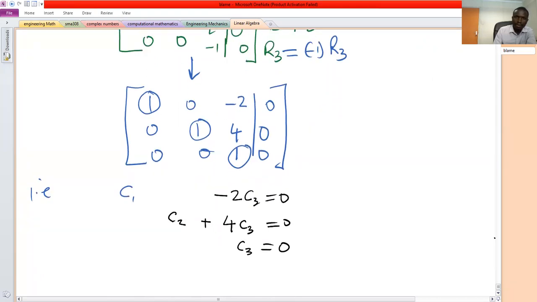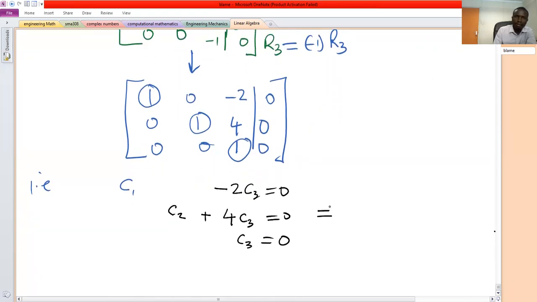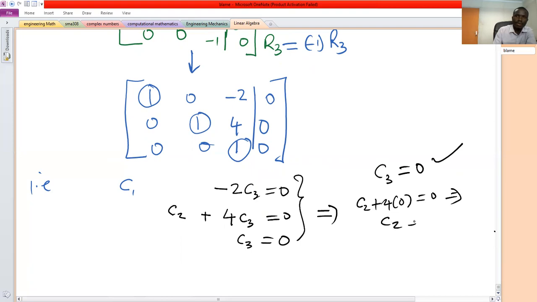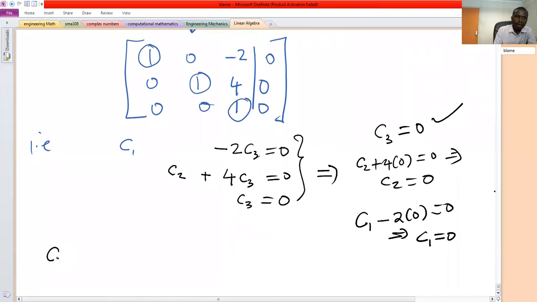Now using back substitution, C3 is clearly 0, and then C2 plus 4 times 0 equals 0 implies C2 is also 0, and then C1 minus 2 times 0 equals 0 implies C1 is also 0. So we are getting C1 equals C2 equals C3 equals 0.